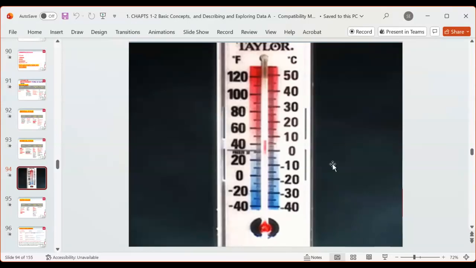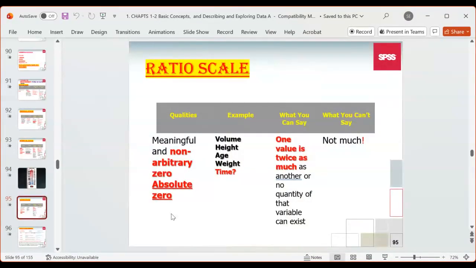So for that, zero means something. This is interval scale. In other words, that cup of coffee that I mentioned has 2.5 ounces of coffee in it. Once I finish it to the last drop, then there's zero coffee in it. Now that's volume. The volume is ratio.